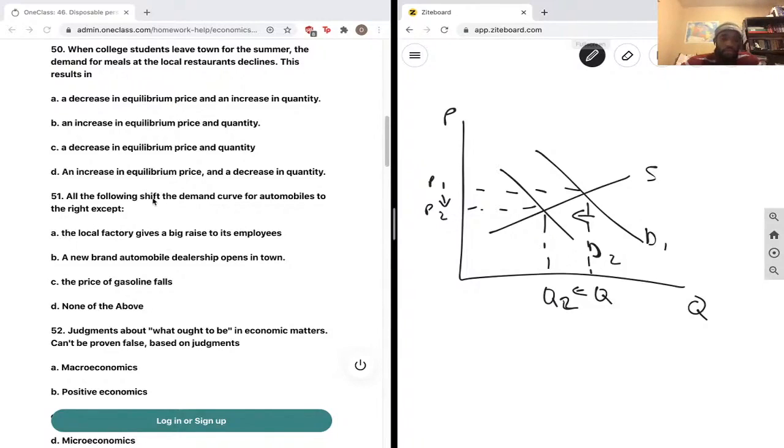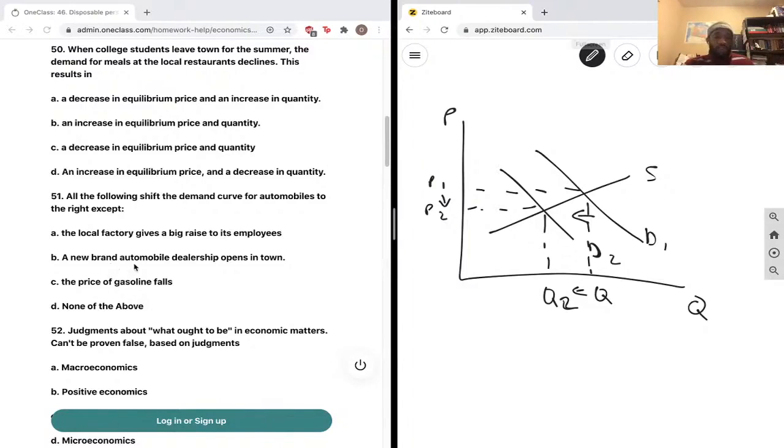All the following shift the demand curve for automobiles to the right, except for A. Because the price of gasoline falling, depends. People might want to buy more cars, and because gas is cheaper, it makes purchasing a car more worth it.